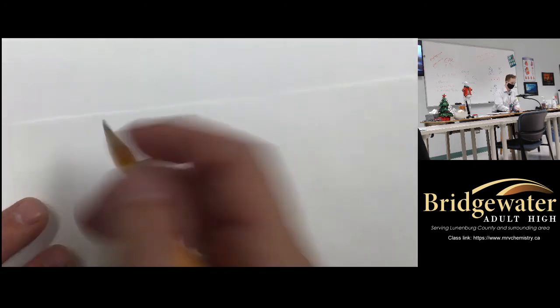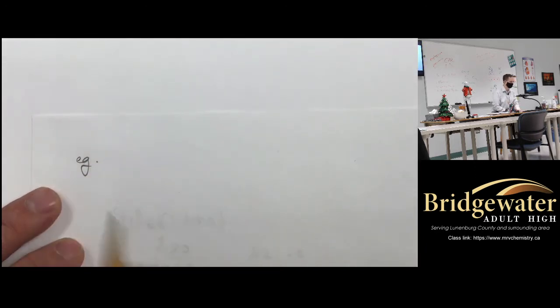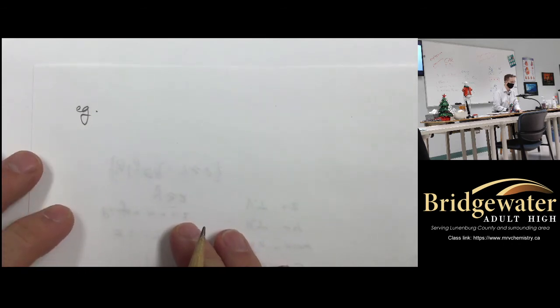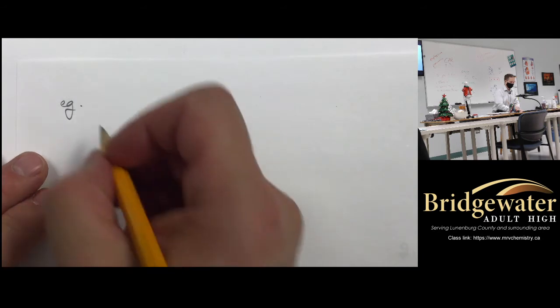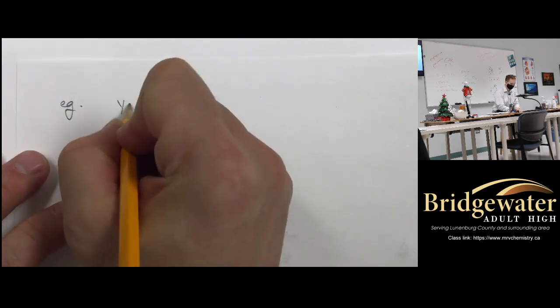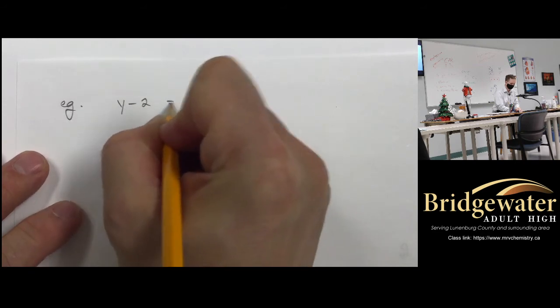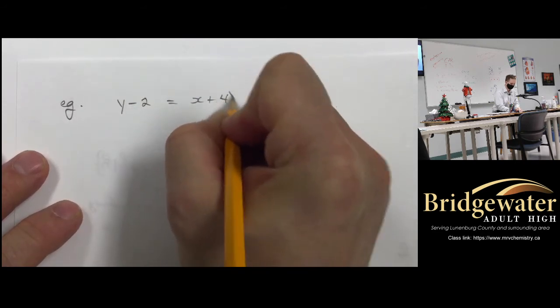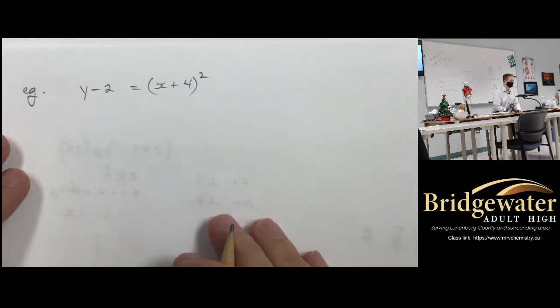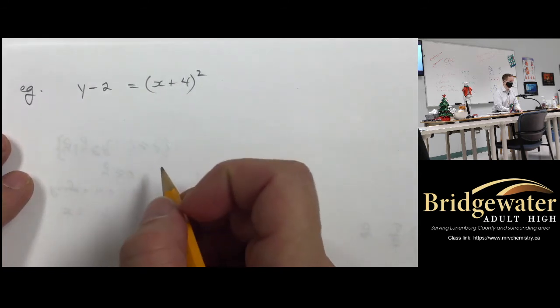Here's the last example I'll do, and then I'll get you trying it out on the transformational chart. Example: Y minus 2 is equal to x plus 4 all squared.